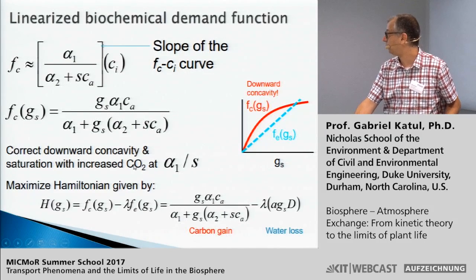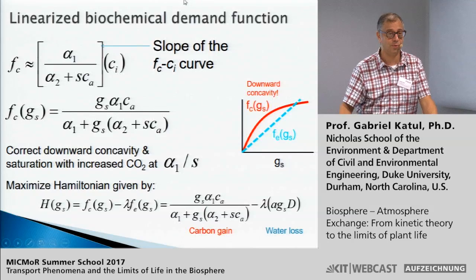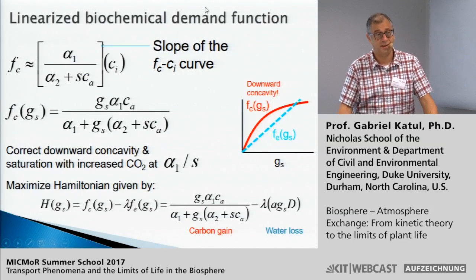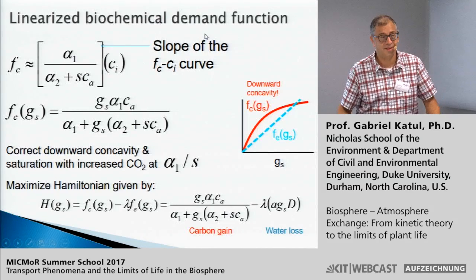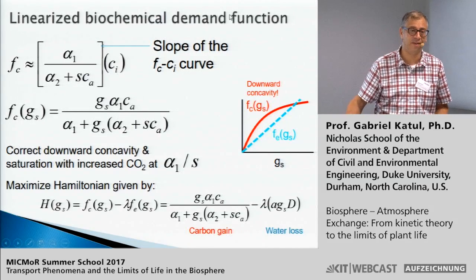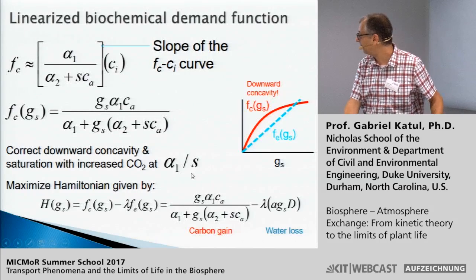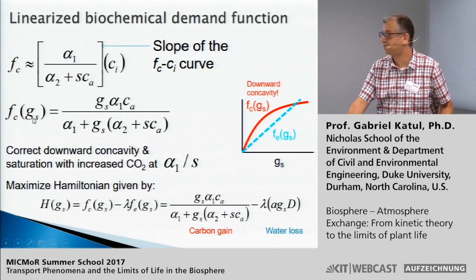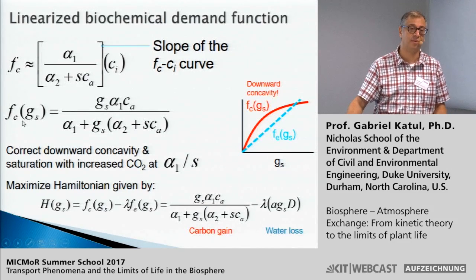The second point, which is contradictory to perhaps what some politicians in the United States would argue, that if you keep increasing atmospheric CO2, the plants will be happy: no, there is apparently a finite limit that you could set on the biosphere, and that finite limit comes about also from this calculation. If Ca goes to infinity, Fc of Gs does not monotonically increase with atmospheric CO2.